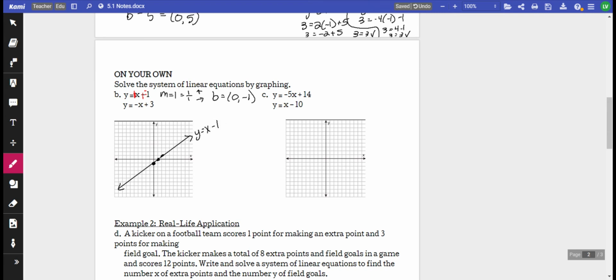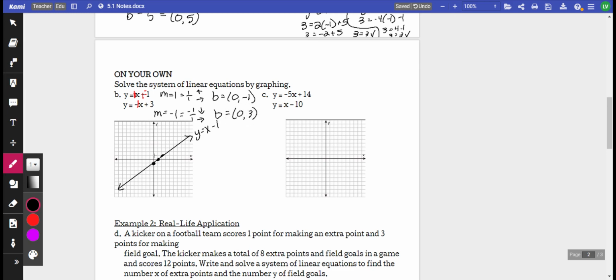And let's just say I don't have another color. I'm just going to go in here for equation 2 and make my slope equal, well, I need to put in an imaginary 1 in there. So that means my slope's -1, which is -1 divided by 1. So it goes down 1 every time it goes to the right one. And our b value is 0, 3.